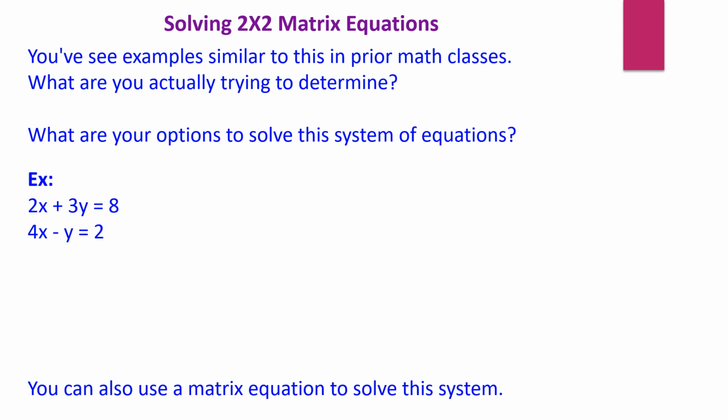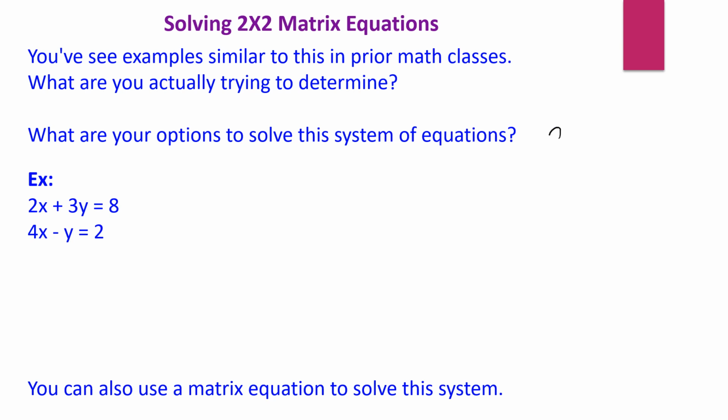Okay, so now we're going to go to the applications of using the inverse in order to solve a 2 by 2 matrix equation. So the example that you have below, 2x plus 3y equals 8 and 4x minus y equals 2, that is a system of linear equations.